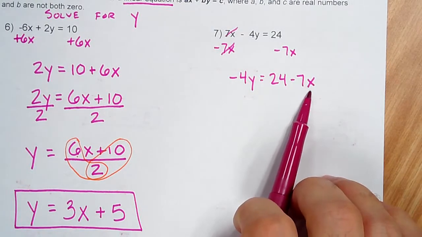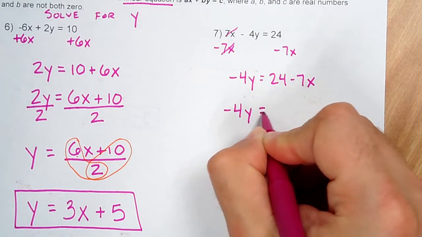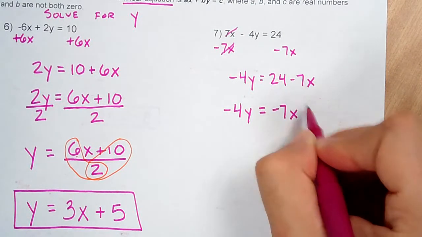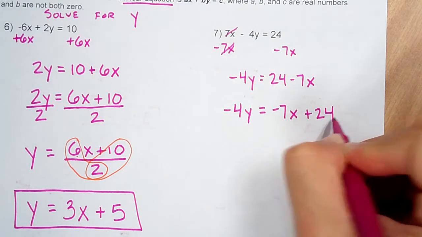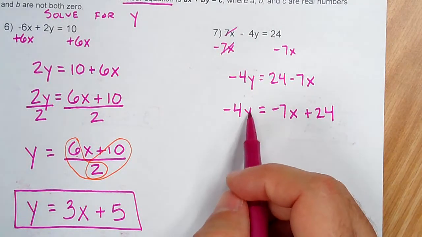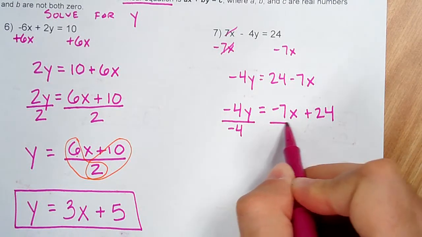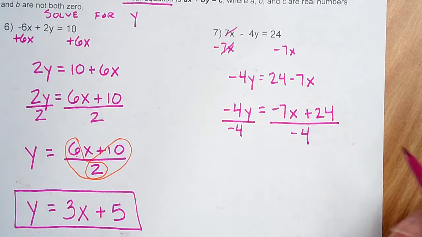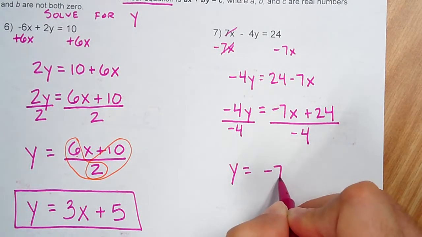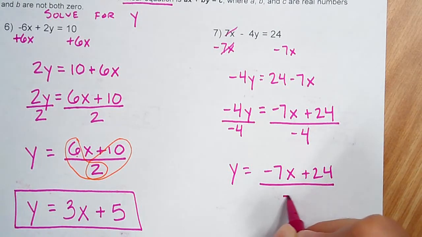Again, I like the variables first, so I'm going to rewrite this as negative 4y equals negative 7x with a positive 24. I need to get y by itself, which tells me to divide by negative 4. And just like before, I have y equals negative 7x plus 24, all divided by negative 4.